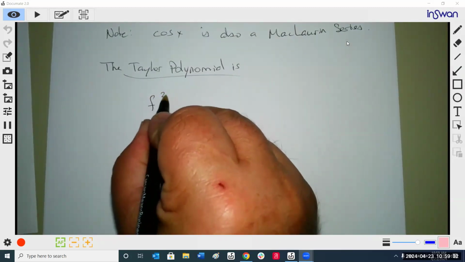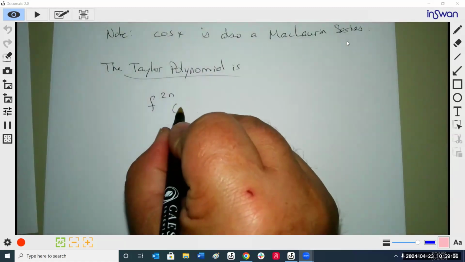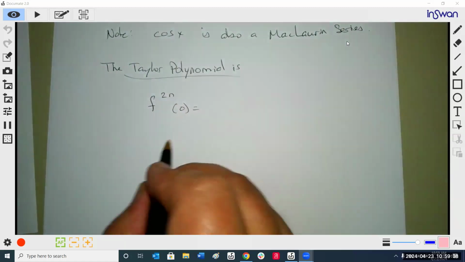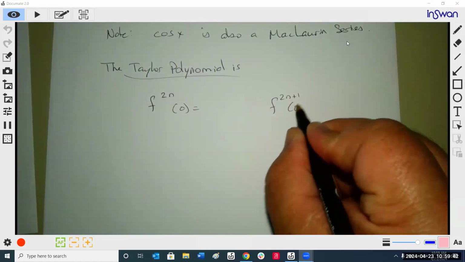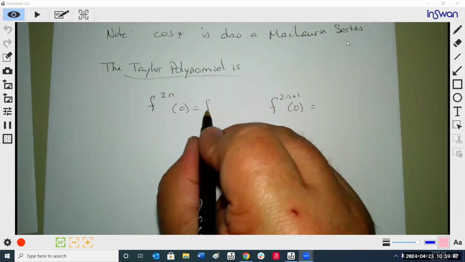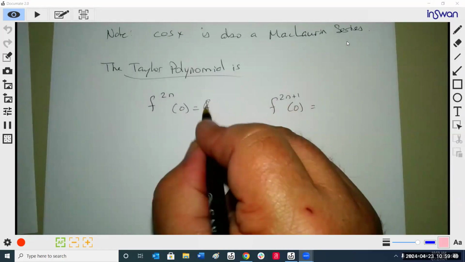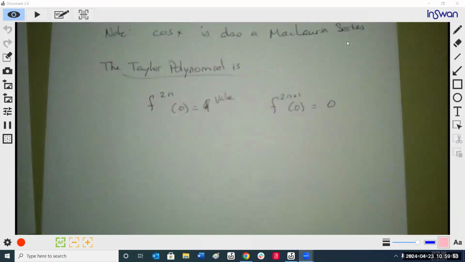We figured out that 2n, as opposed to 2n plus 1, this one gave us a value. This one was 0.